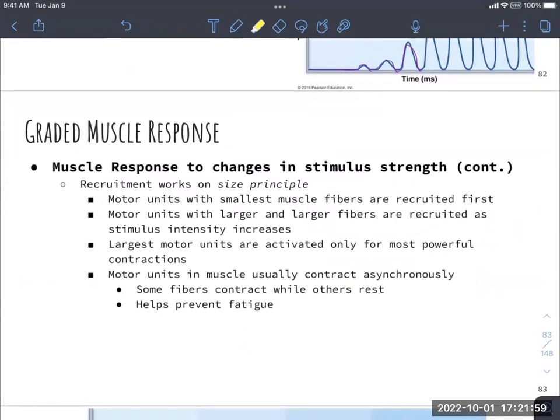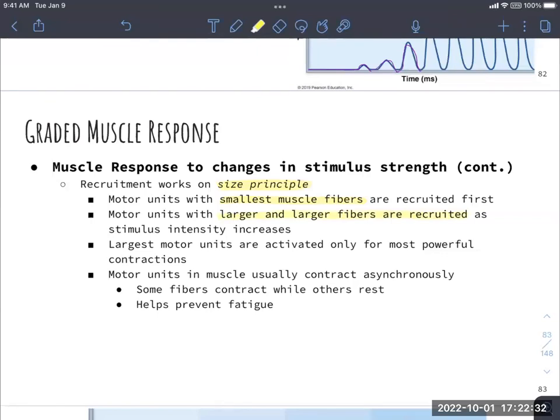So how many muscle fibers get recruited? It works on a size principle. The smallest muscle fibers tend to get recruited first. Then as the motor units keep getting more stimulus, larger and larger fibers start to get recruited because we need more strength.